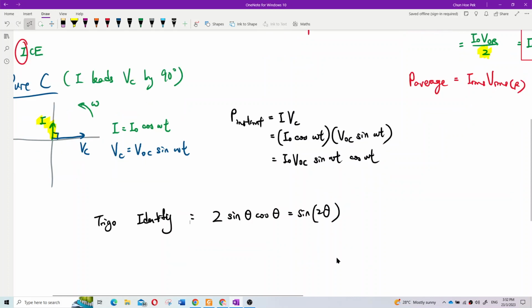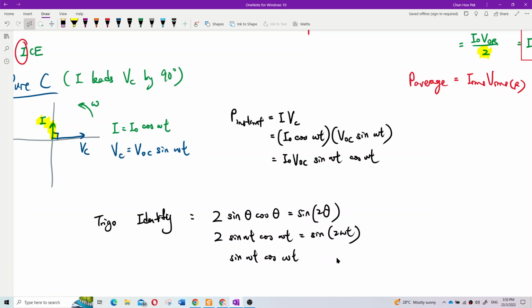Now we are using what? Sin omega t cos omega t, and then this is sin 2 omega t. So that means sin omega t cos omega t is equal to sin 2 omega t divided by 2. Okay? Divided by 2.